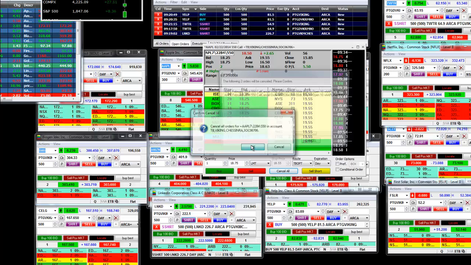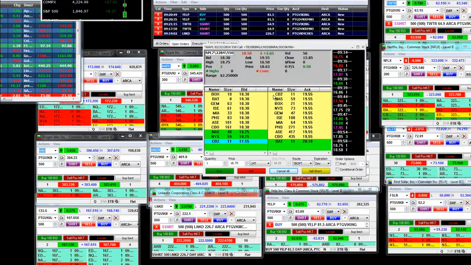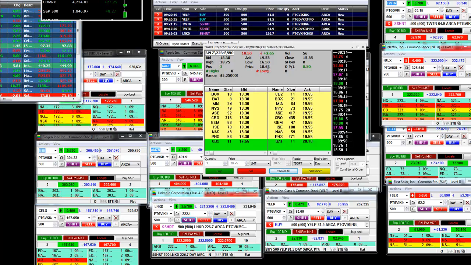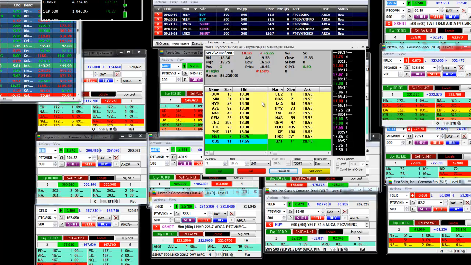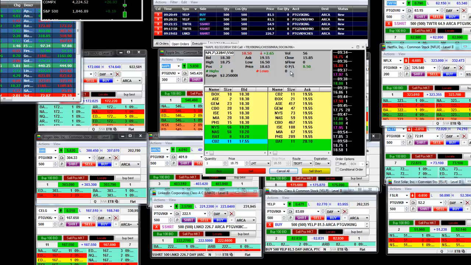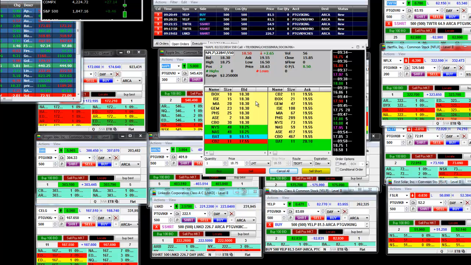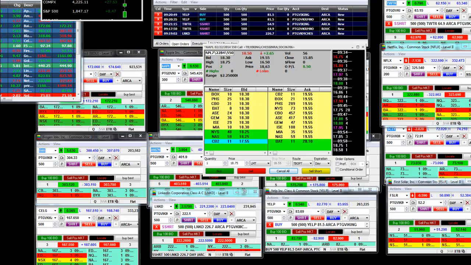So basically, we used those whole bids right here, and we created an 18.6. So we got two of them, but we only used one contract to manipulate the wide bid, and the wide ask was $2 wide. It's right here. It's right now, and teaching you how to steal the bid and manipulate the market with one contract only.